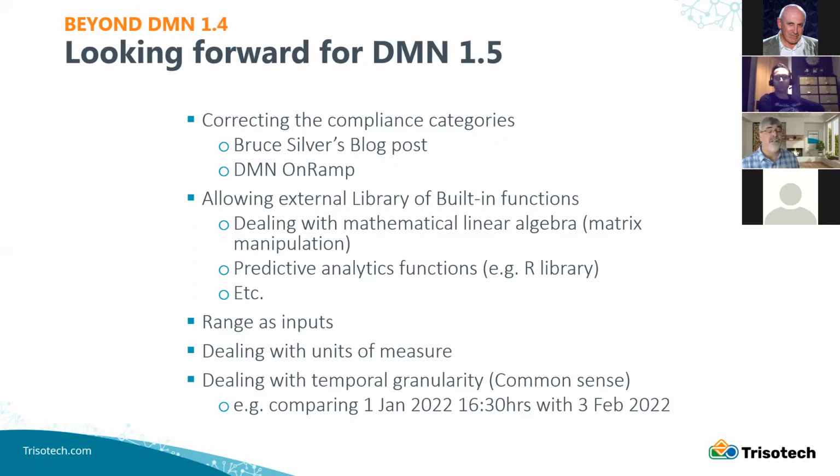So it really needs to be revamped. Bruce Silver already posted a blog post on what he thinks the DMN compliance level should be. And I know that the DecisionAutomation.org group has the DMN on-ramp, which is looking at pretty much the same road as redefining what could be good compliance categories for DMN.